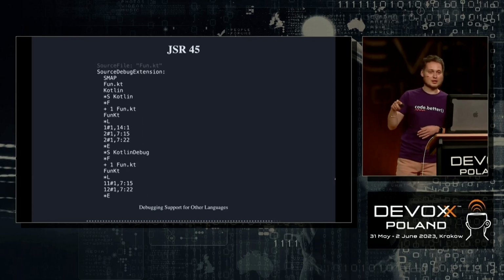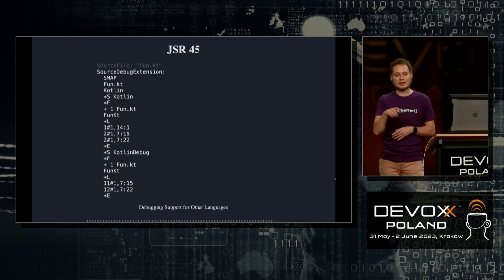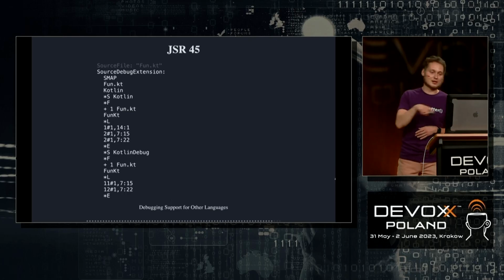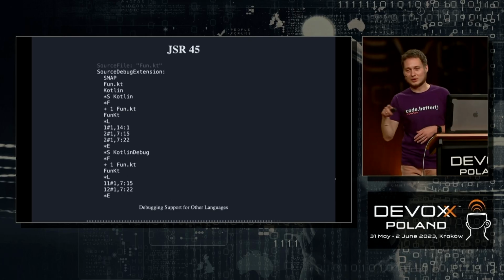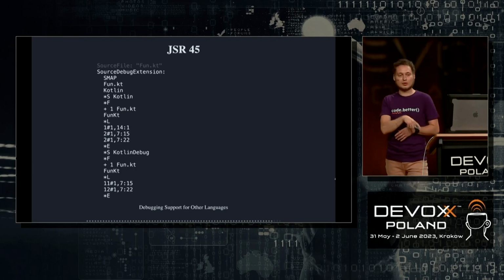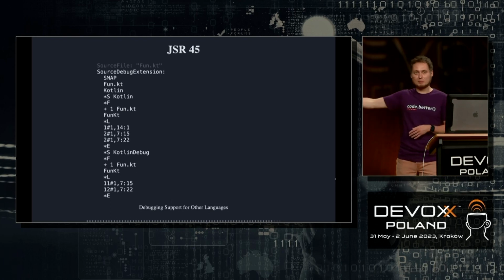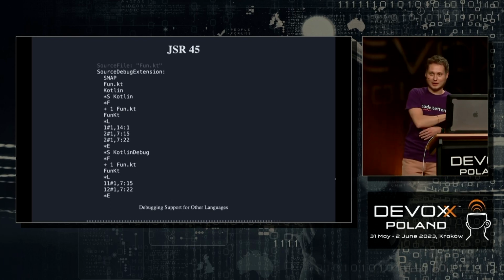Why so? Because they have a special attribute, SourceDebugExtension. This is actually a standardized thing. It's debugging support in JVM for other languages. This attribute contains information which maps these big line numbers to the original line numbers.